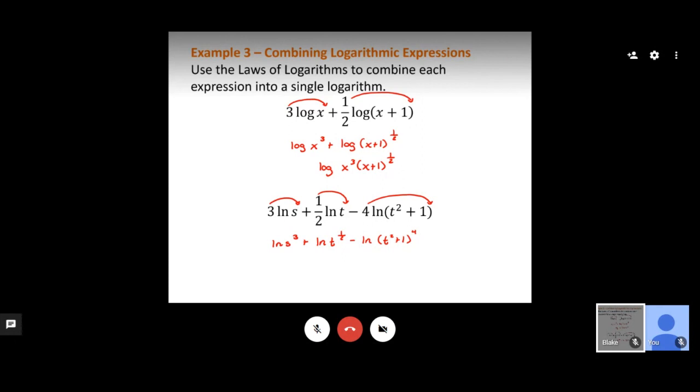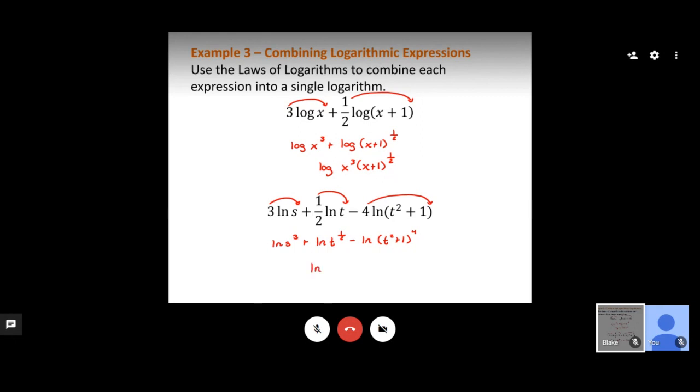All right, now that we've got that, what can we do next? Okay, good. So we have both multiplication and division this time. And again, since I don't have any grouping symbols, I'm just going to go from left to right this time. I'm going to multiply the s cubed and the t to the 1/2, and then I'm going to divide by the t squared plus 1 to the 4th.